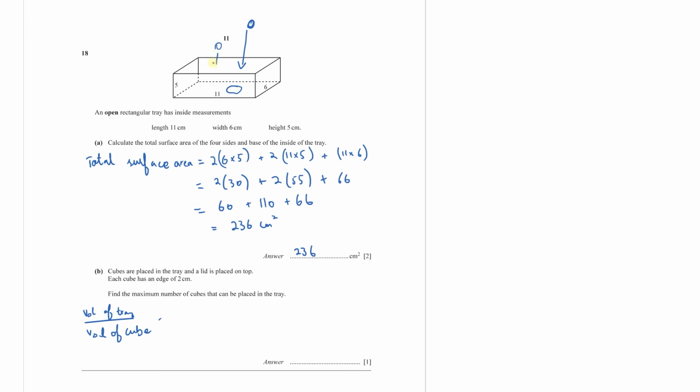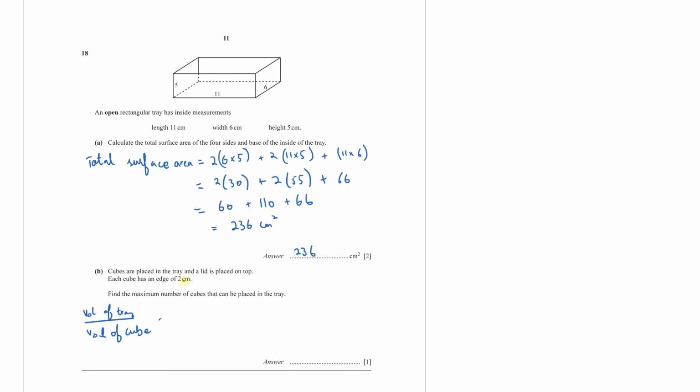So if many of these raindrops are coming down and entering this tray here, they will eventually fill up the whole tray because it's a liquid. But in this case, you are adding cubes. So let's see how many cubes can fit into this box.